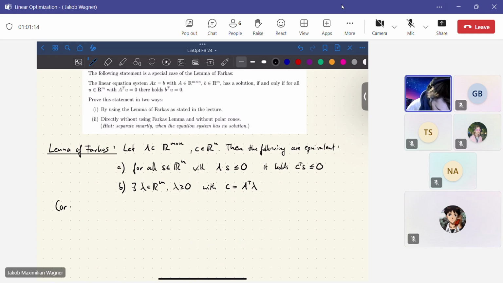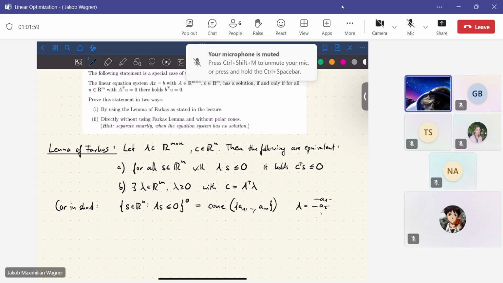In short, we have seen what it gives us for our optimality: if we have a look at the set of all S in R^n where AS is less or equal than 0, and we take the polar cone of this, then this is the cone of all the columns of A, so A1 through AM, where A is written as A1, A2, sorry, so the rows AM.